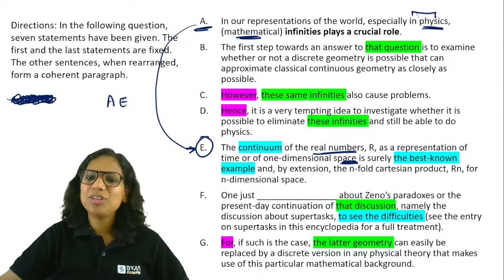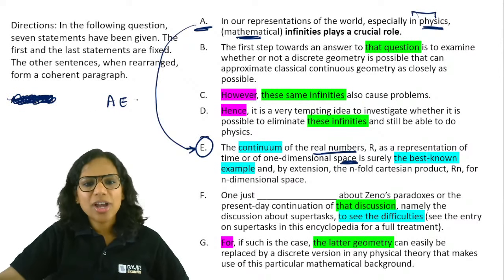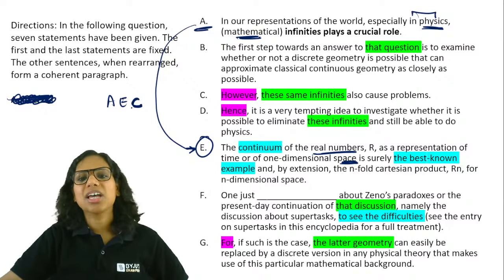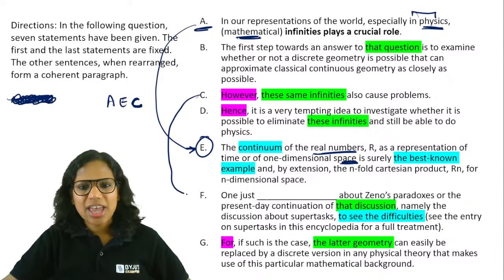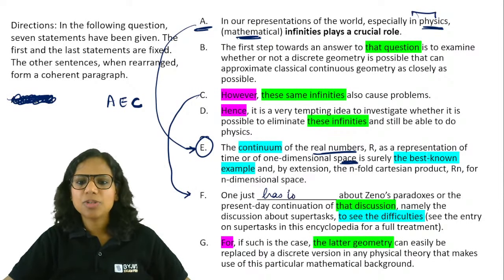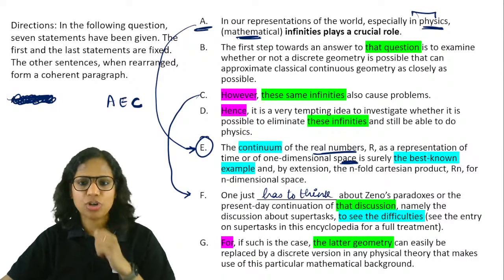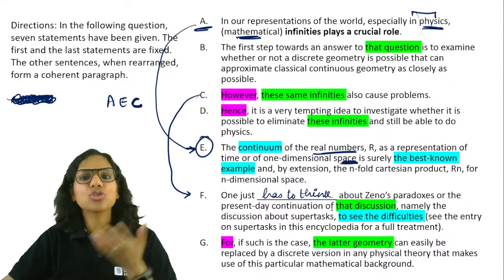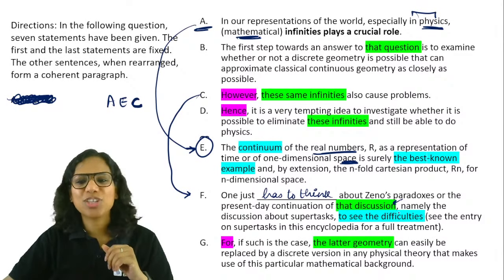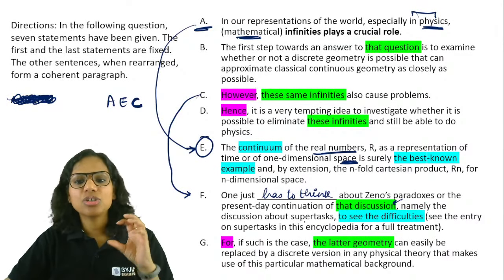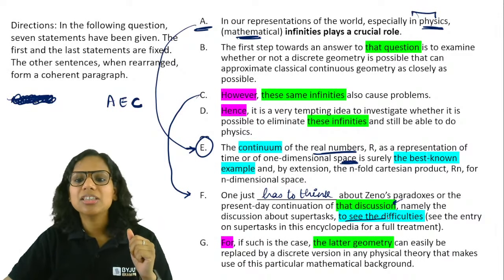However, these same infinities also cause problems. Now I come to the track of problems. So what kind of problems? See, F explains that. One just has to think about Zeno's paradoxes, or the present day continuation of that discussion that Zeno started, namely the discussion about super tasks, to see the difficulties.